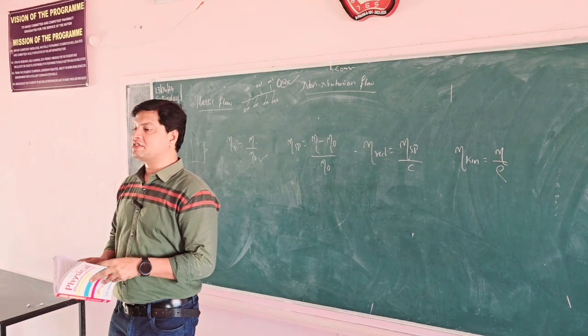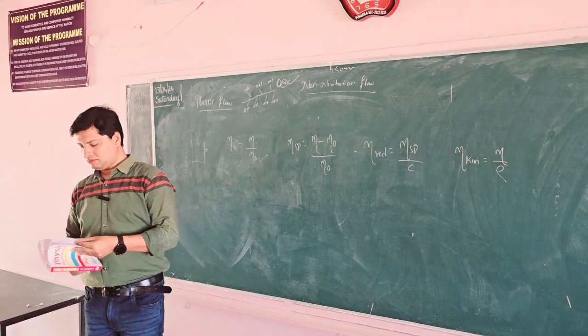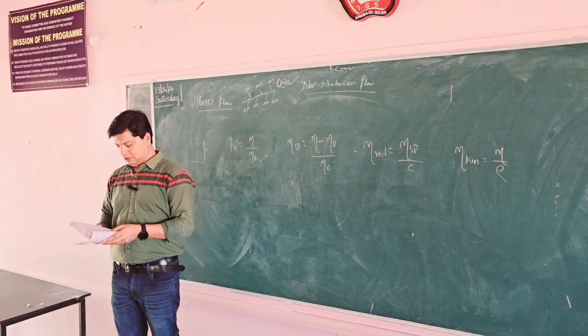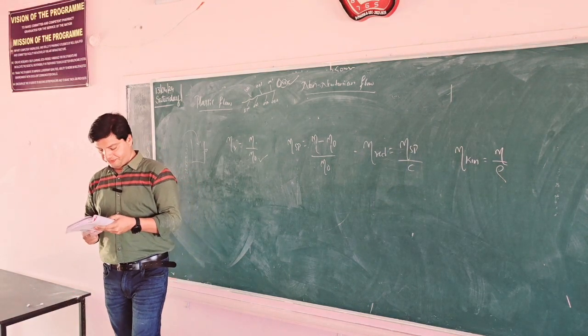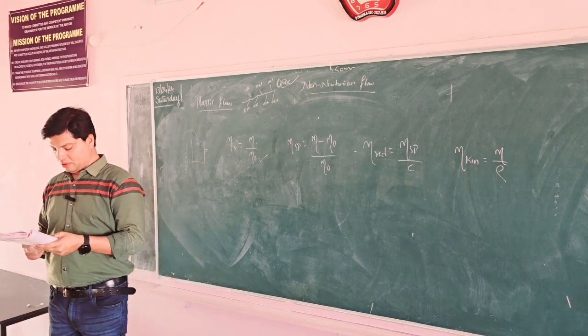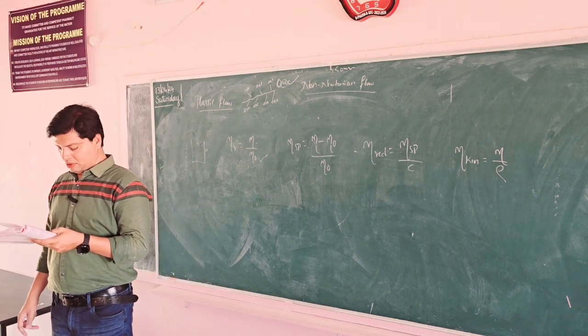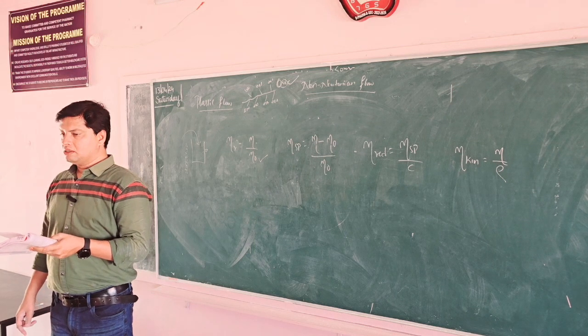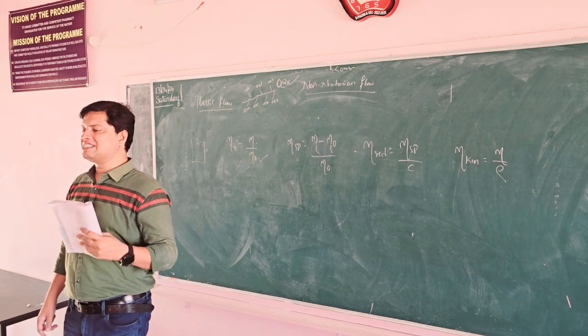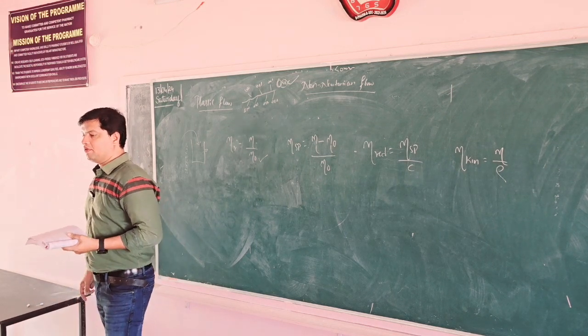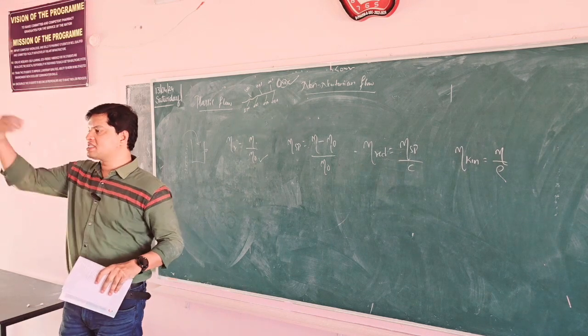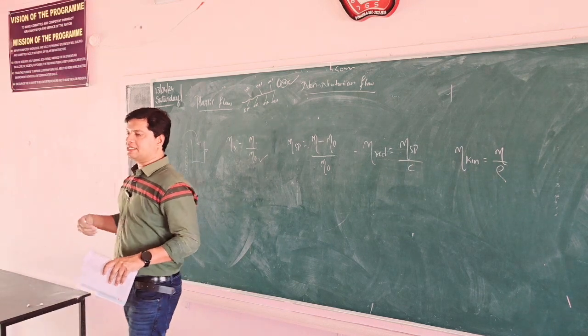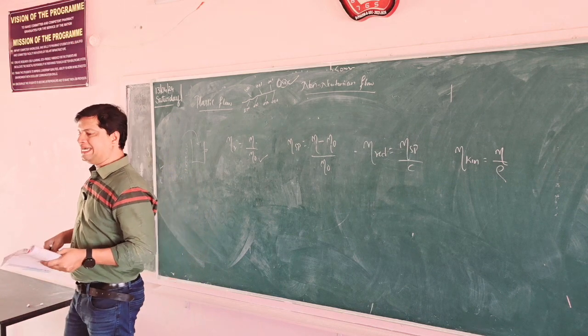Factors influencing viscosity. So first factor is the intrinsic factor. We have two factors, internal and external: intrinsic and extrinsic. We see about intrinsic factors first.